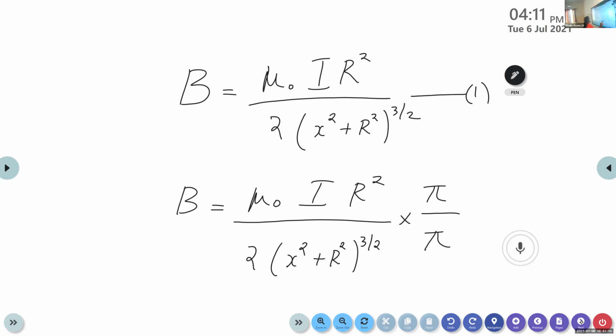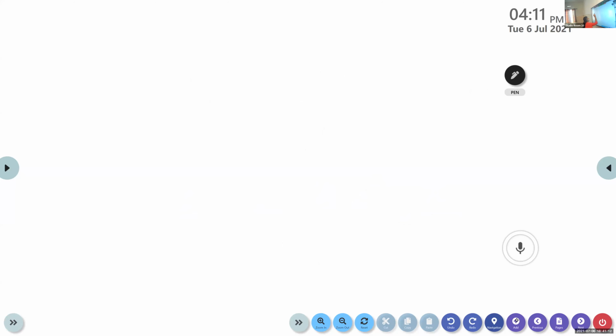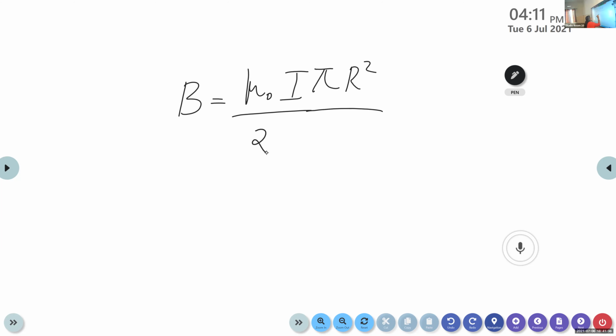We get B is equal to mu 0 I pi r square divided by 2 pi into x square plus r square the whole raised to 3 by 2.